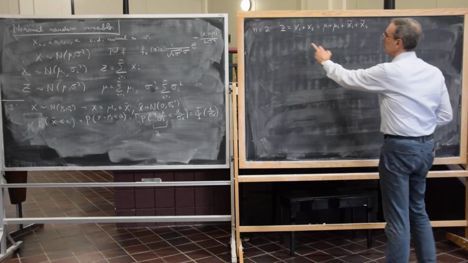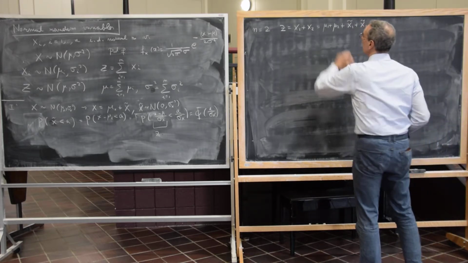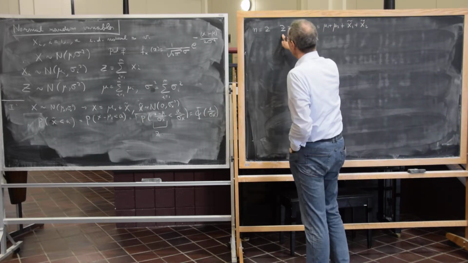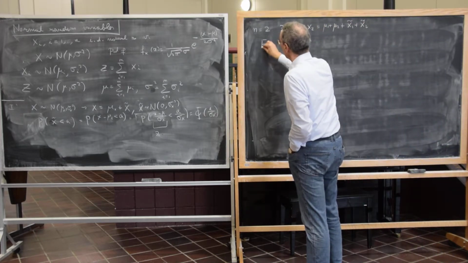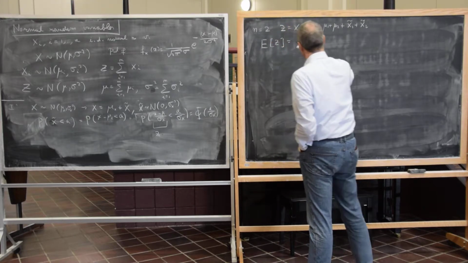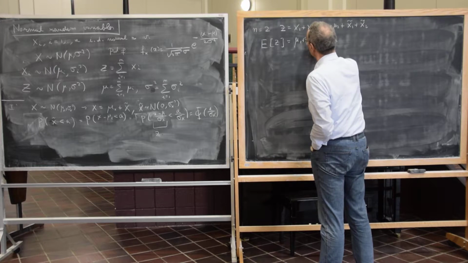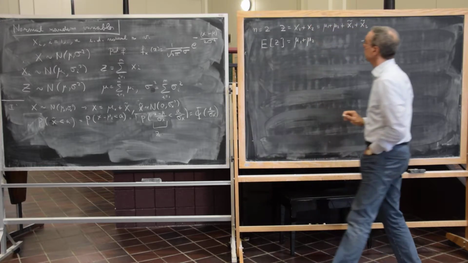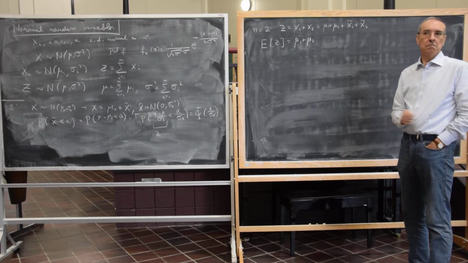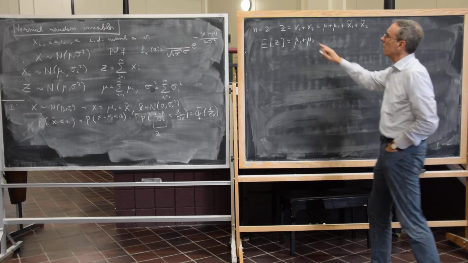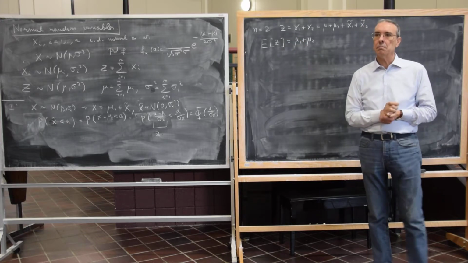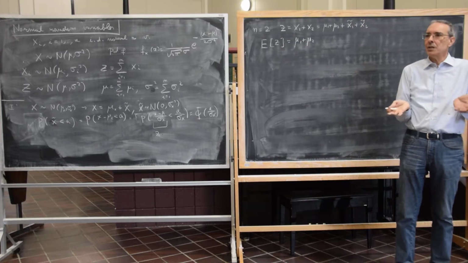Right? So if I take the expectation value of z, of course the expectation value of z is mu1 plus mu2, because the expectation value of these two is 0. Good. So for this new random variable, the average is the sum of the averages.